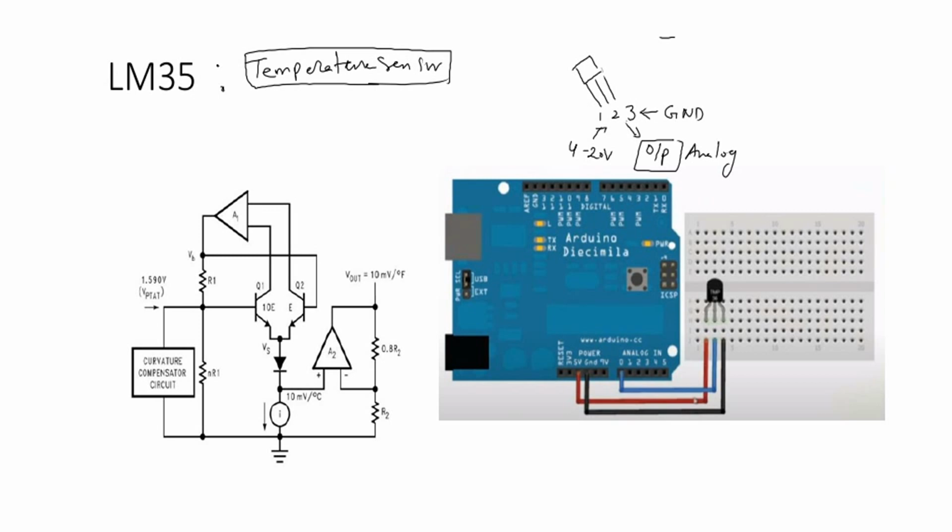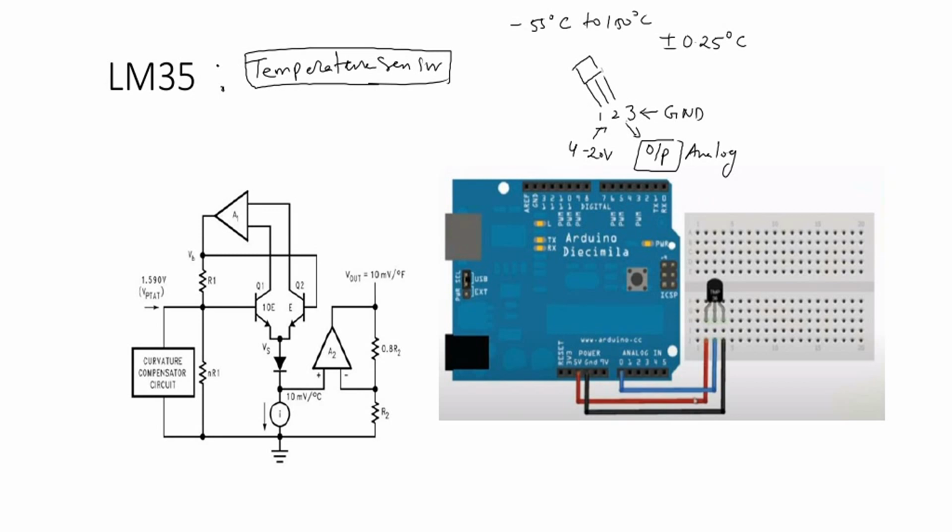It gives an accuracy of 0.25 degrees Celsius. This is the error actually, so it can detect with an accuracy of plus minus 0.25 degrees centigrade, and it works in the temperature range of minus 55 degrees Celsius to 150 degrees Celsius. So it works over a large range of temperature.